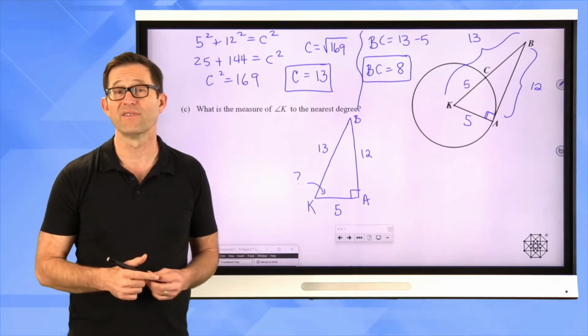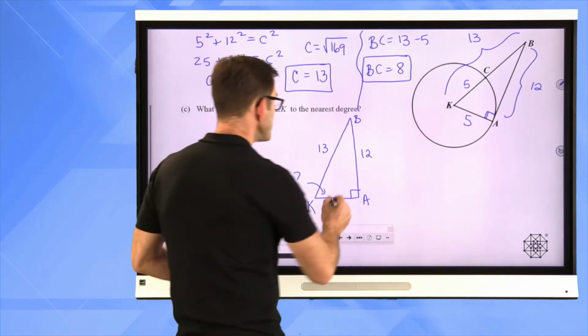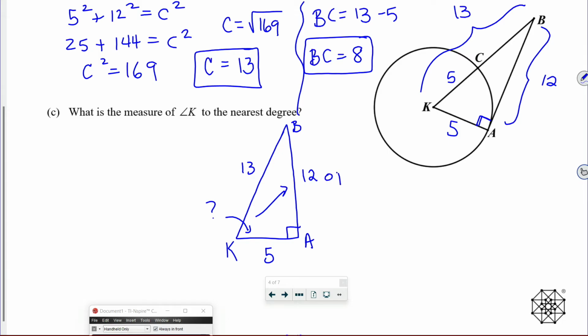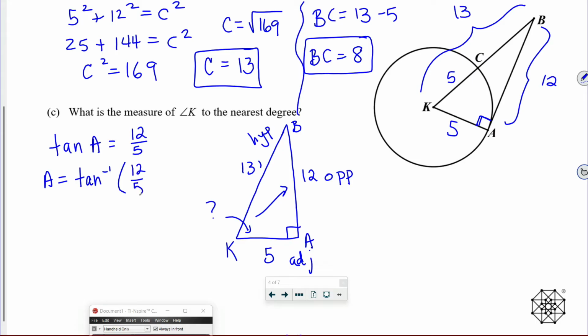All right, well, I kind of like the tangent ratio myself. So in other words, I know that 12 is opposite, 5 is adjacent, 13 is hypotenuse. So I could say that the tangent of angle A is equal to 12/5. So A will equal the inverse tangent of 12/5.